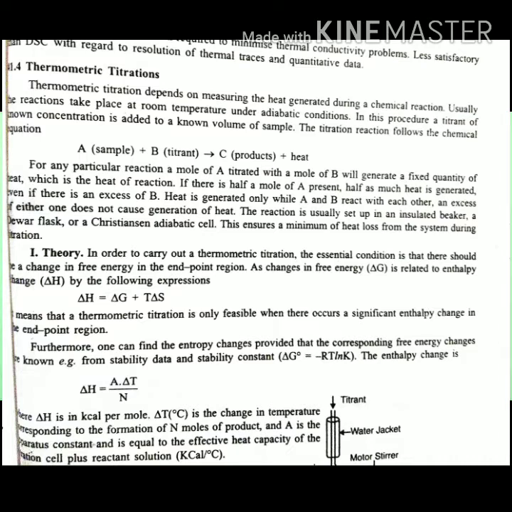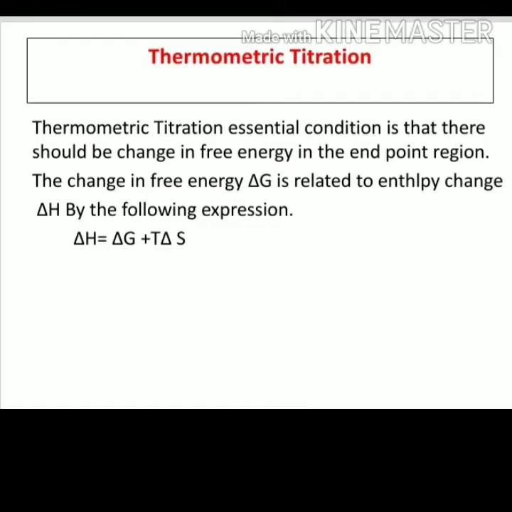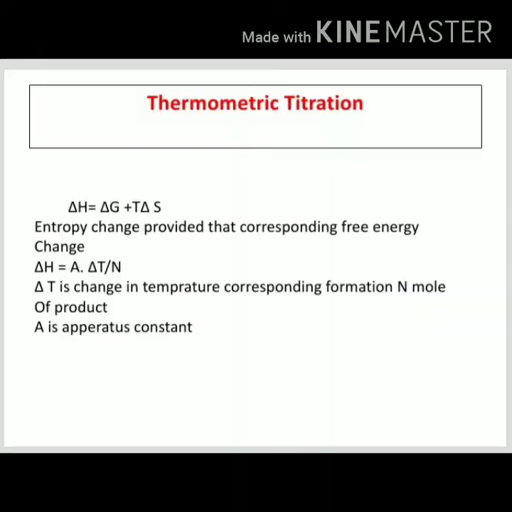The thermometric titration works only when there is a significant enthalpy change in the endpoint region. Furthermore, one can follow the entropy change provided that the corresponding free energy change is known. Del H is equal to A del T divided by N. Del T is the change in temperature corresponding to the formation of N moles of product.